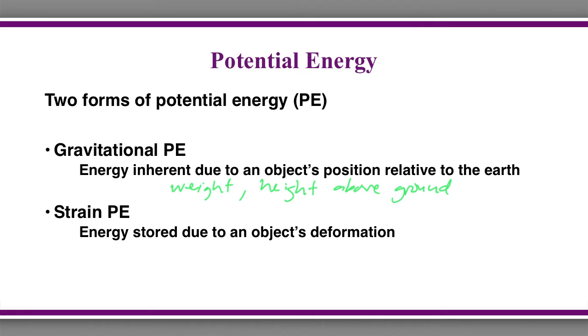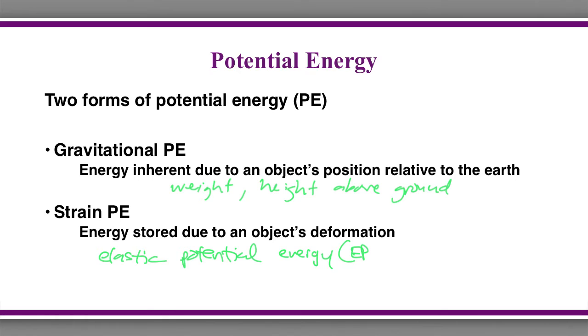Now, strain potential energy is a type of potential energy that is typically referred to, especially in sport. So this type of energy is usually, or more simply, referred to as elastic potential energy, or most people shorten it to EPE.